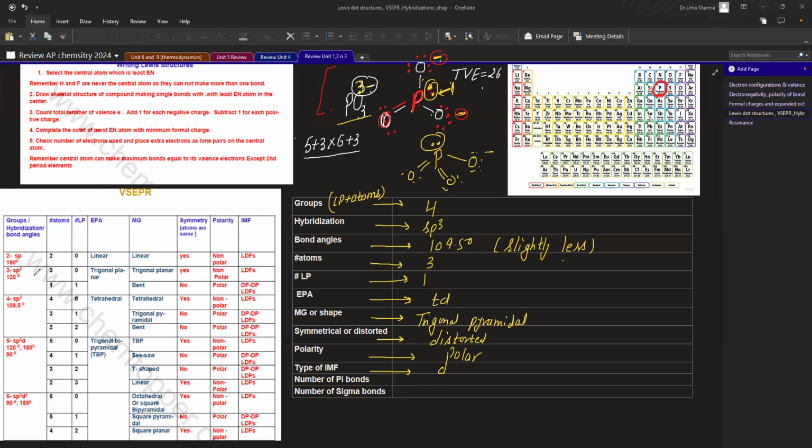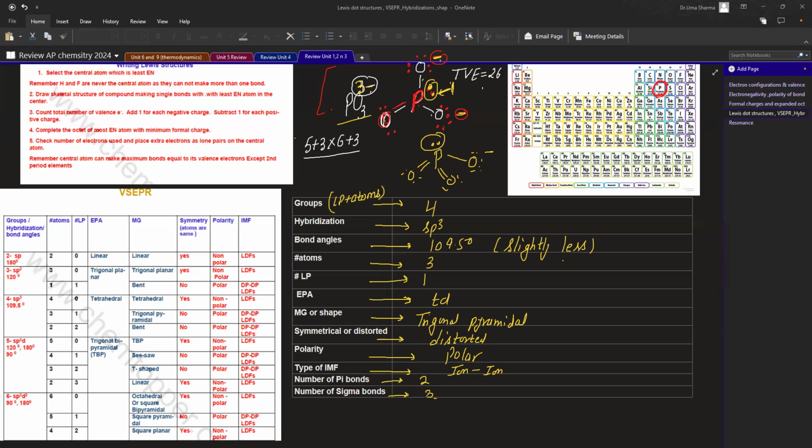Should I say dipole, children, or should I say ion? Ion. It's going to have ionic attractions. Okay, I'm going to check it, Aditi. Number of pi bonds. How many pi bonds? 2. How many sigma bonds? 3.